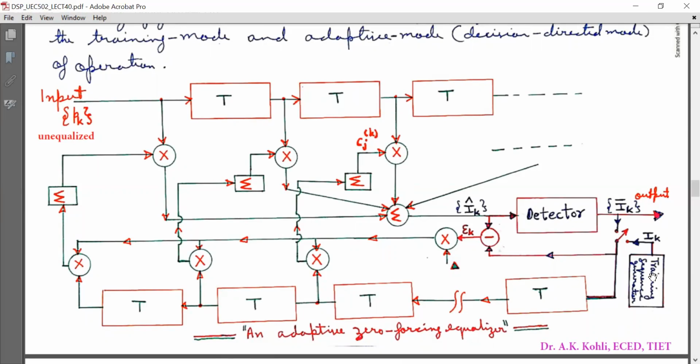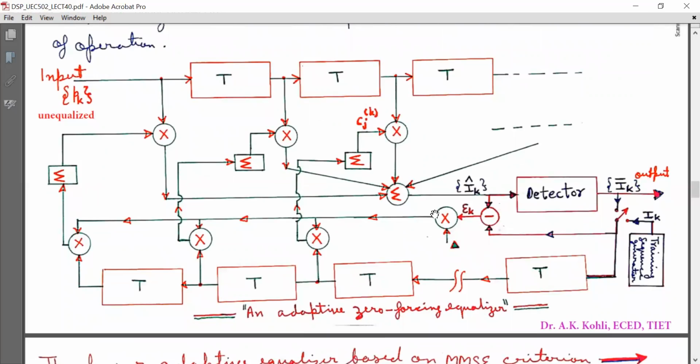Now this is the training sequence generator and output is Ik. When this switch is connected to this, then Ik will flow inside. So here Ik minus I cap k will give Ek, which is multiplied by delta and supplied here to update the coefficient Cj with superscript k.